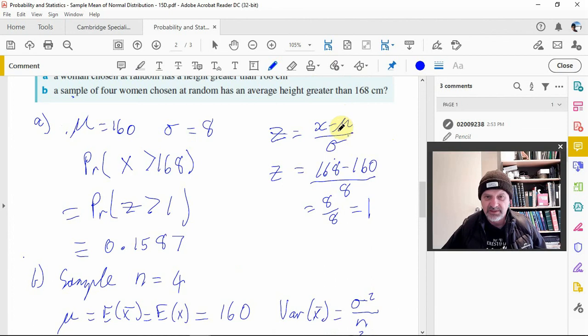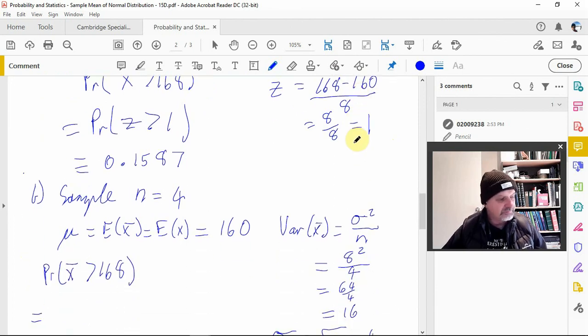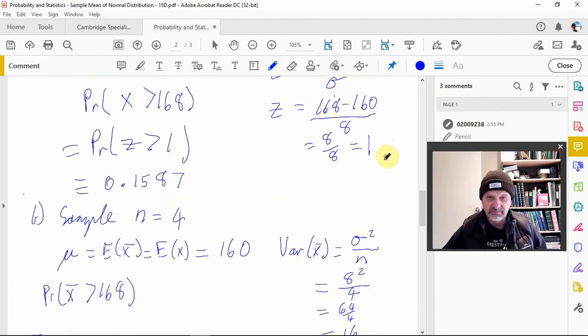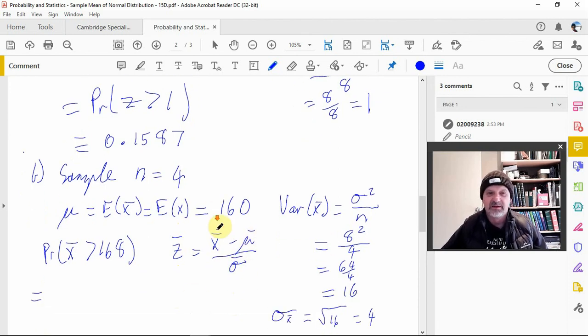But this time what we want to use is our sample statistics, so our sample mean and our sample standard deviation. So if I modify that, I'd say that Z of my sample is equal to X of my sample minus the mean of the sample, over the standard deviation of the sample.